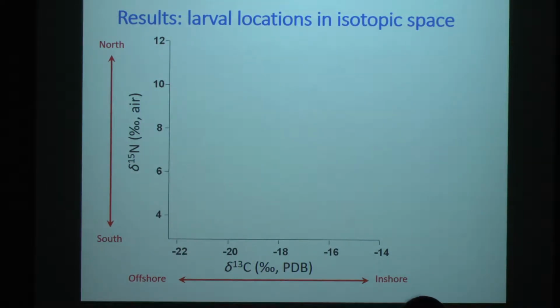So my next several slides will have graphics that look something like this. What I have is an isotopic biplot with nitrogen-15 on the Y, carbon-13 on the X. And since on the West Florida shelf nitrogen generally has higher values to the north and lower values to the south, I have the secondary axes generally describing that trend.